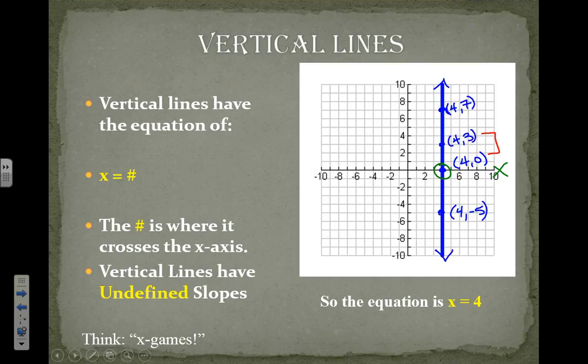And so I think of them going vertically in the air just like a vertical line. So if I'm thinking about vertical lines relating to the X Games, that's how I remember that vertical lines are x equals. So if that helps you, great. If not, please learn your own way to remember the equations for those lines.